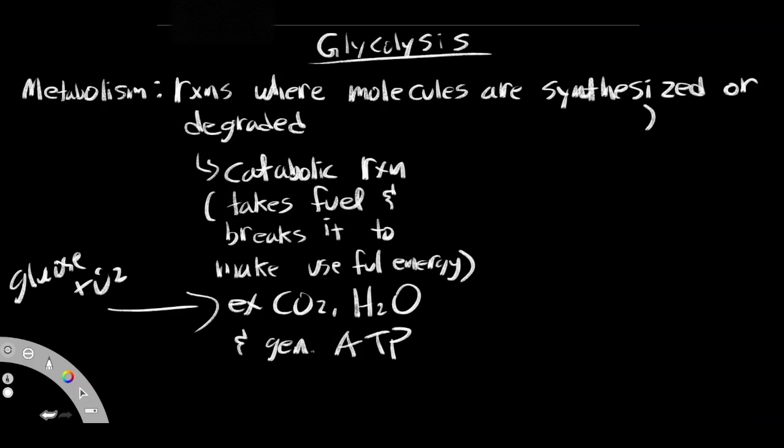Then we have to look at synthesis. Synthesis is obviously the opposite. It produces an anabolic reaction. So let's look over here, anabolic. An anabolic reaction does the opposite. It takes the energy and it uses single precursors, which we're going to be looking at in the next step. It uses those precursors to build complex molecules, so to make bigger molecules, to synthesize building blocks for the body to actually use.